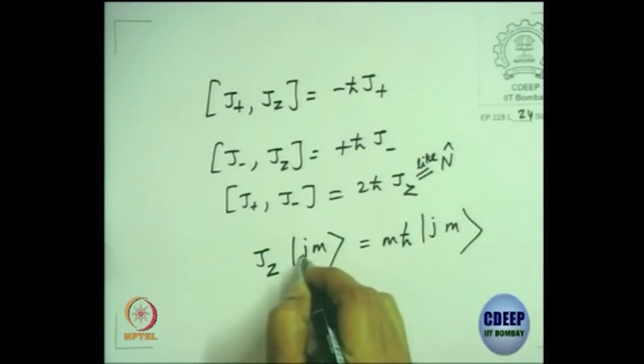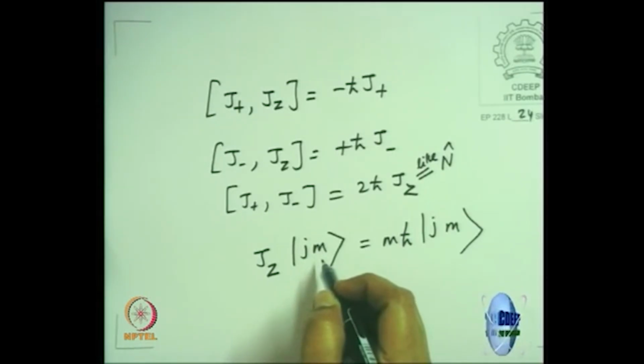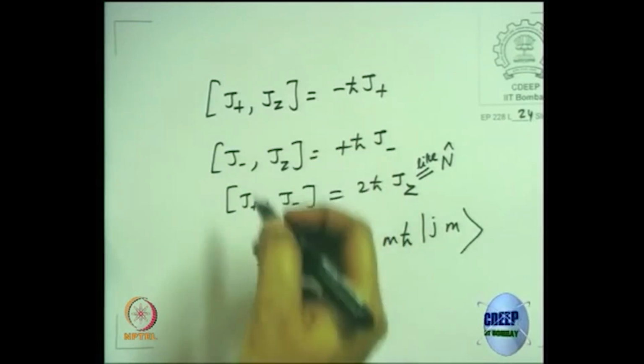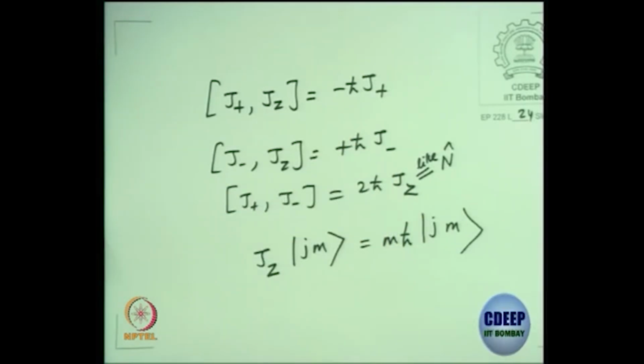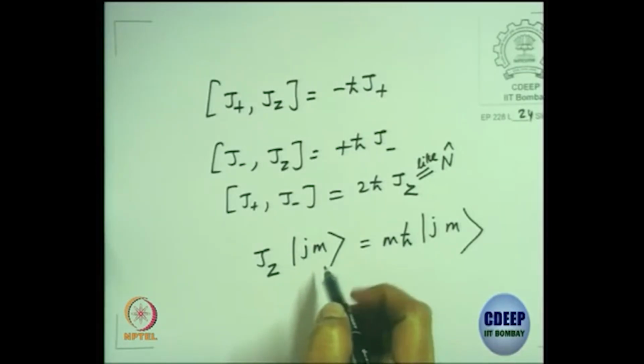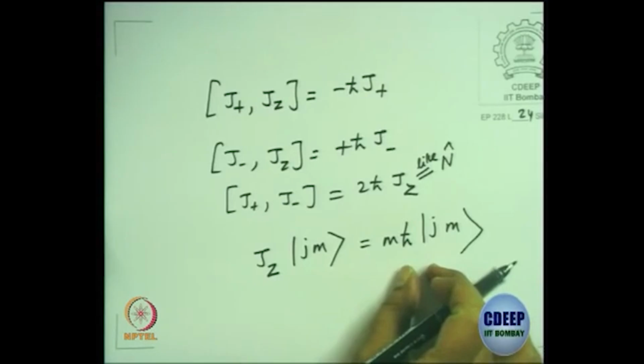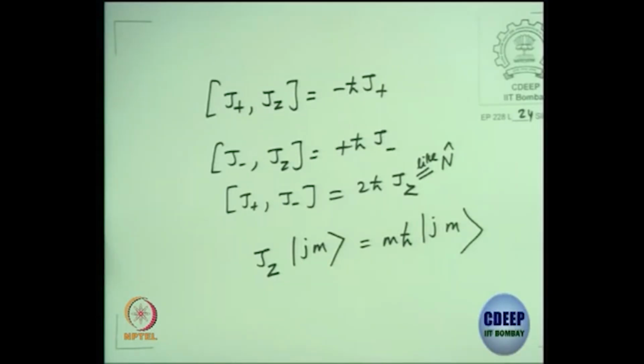We have one more index because it's also an eigenstate of J dot J. Otherwise, I could have just worked with M. The maximal compatible set for an angular momentum algebra is simultaneous eigenstate of J dot J and Jz. That's why I have two integers. So Jz is like your number operator in the harmonic oscillator, with eigenvalue M H cross.